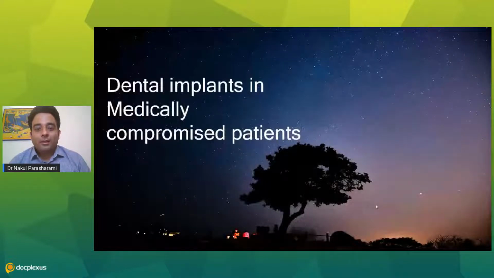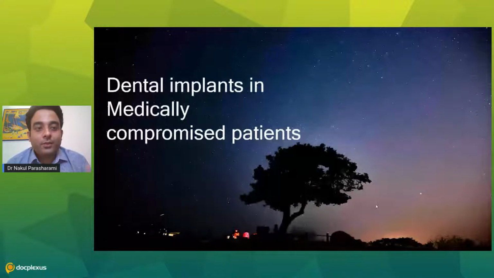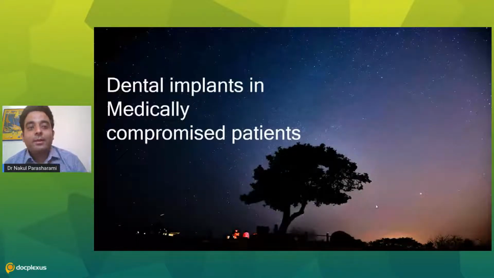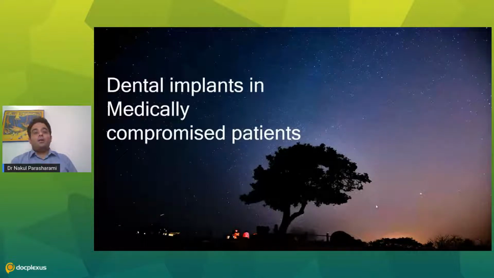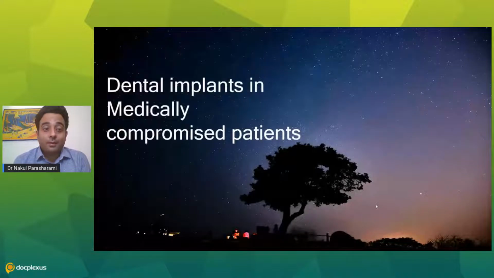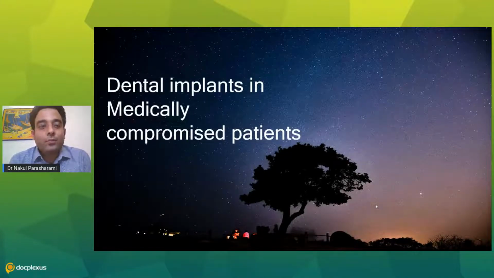So after we have dealt with all these basic physiology of how dental implants work, I would like to delve in detail into the various kinds of conditions in which we can place dental implants. Should they be placed or should they not be placed?